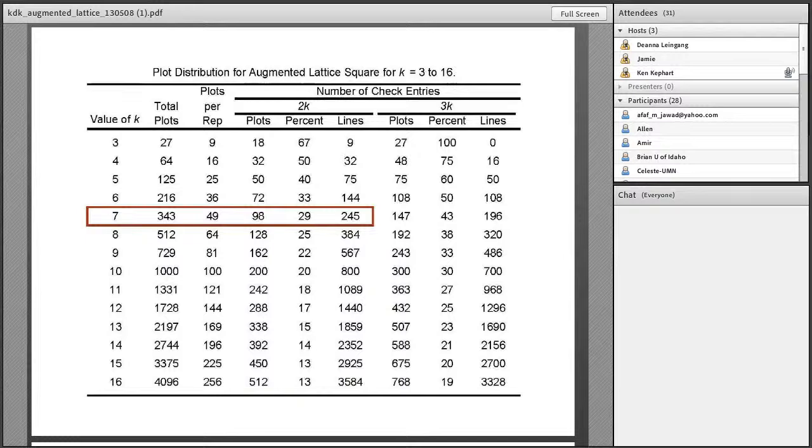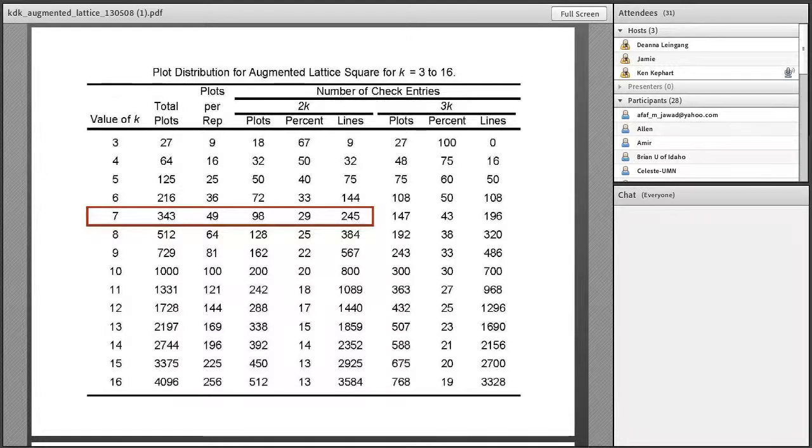Source of variation you can see here, values of K. And so when you look down through here, you can see that some of these designs offer the opportunity to evaluate a number of new lines that is very, very similar to the number of lines that we've been evaluating in the double lattice, and in particular a value of K equals 7, or a 7 by 7 augmented lattice design.